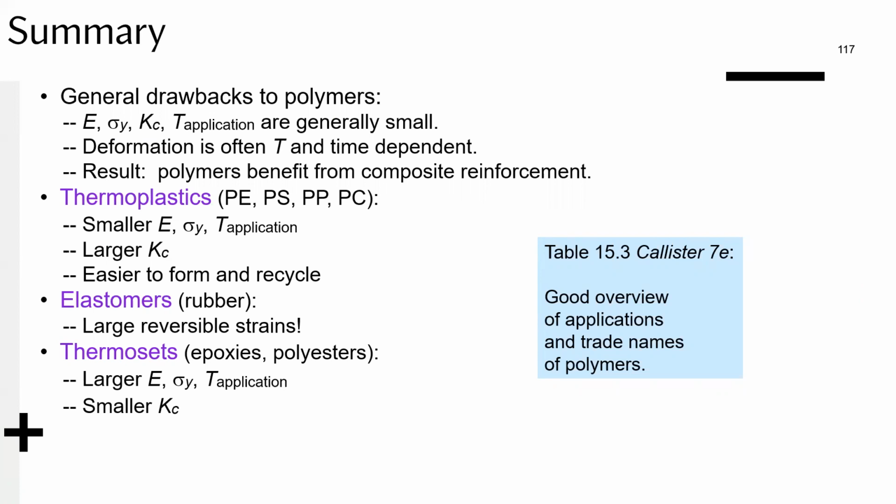So that's typically what you have with polymers, and you've seen this throughout, is that they have small stiffness and strength. But when it comes to deformation, first of all, they typically have much higher elongation at break, but as you could see, it's really temperature and time dependent when it comes to deformation, stiffness and strength. You have a very significant temperature dependency.